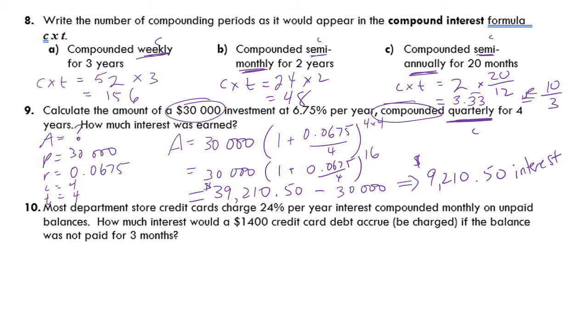Number 10, most department store credit cards charge 24% per year interest compounded monthly on unpaid balances. How much interest would a $1,400 credit card debt accrue if the balance was not paid for 3 months? So this is a tricky one. Still same process. Look for one of 2 words. We see compounded.